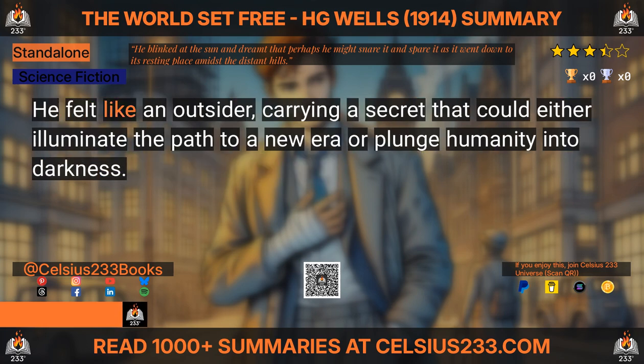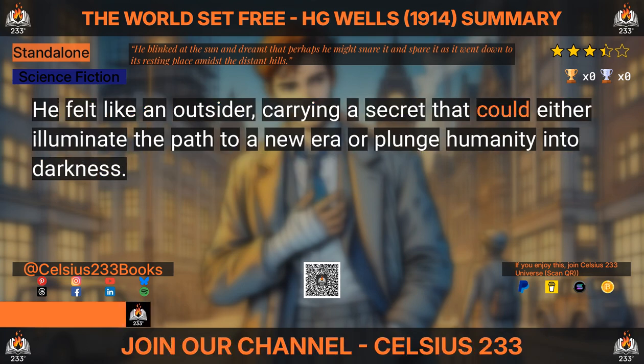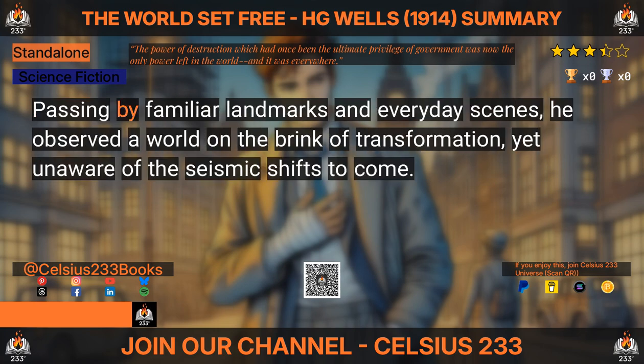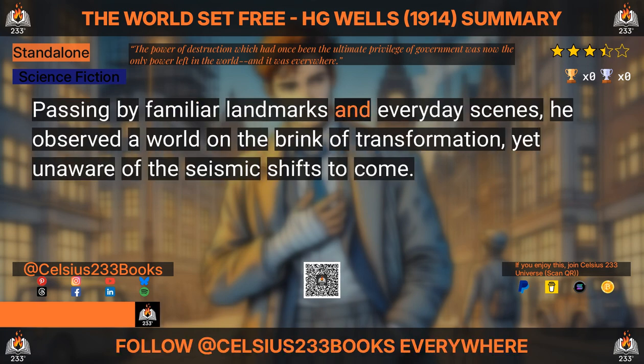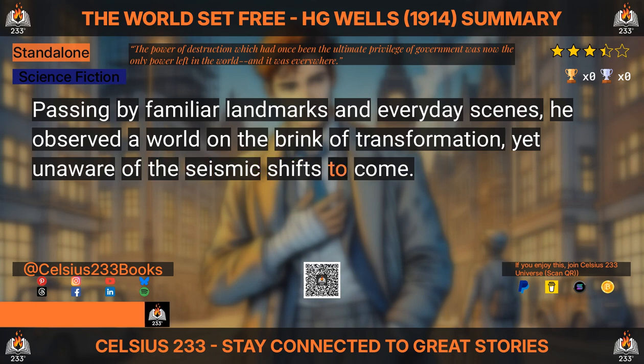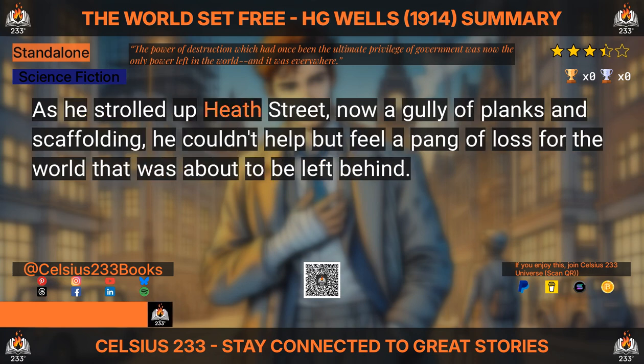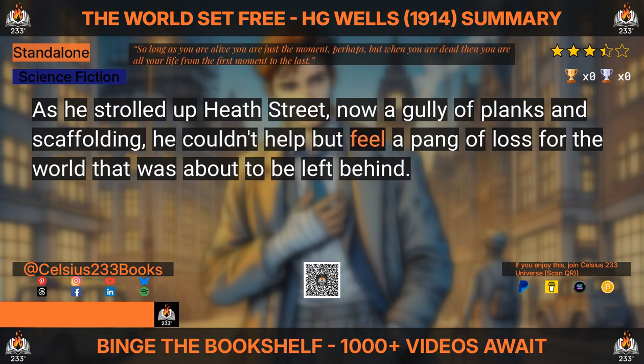He felt like an outsider, carrying a secret that could either illuminate the path to a new era or plunge humanity into darkness. Passing by familiar landmarks and everyday scenes, he observed a world on the brink of transformation, yet unaware of the seismic shifts to come. As he strolled up Heath Street, now a gully of planks and scaffolding, he couldn't help but feel a pang of loss for the world that was about to be left behind.